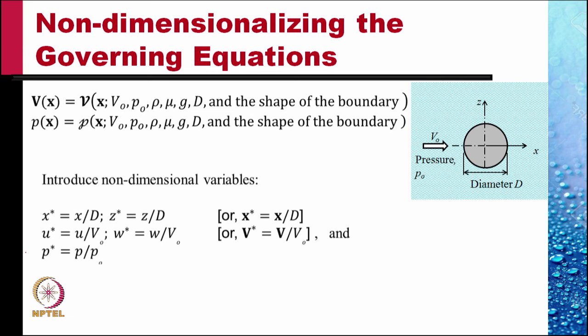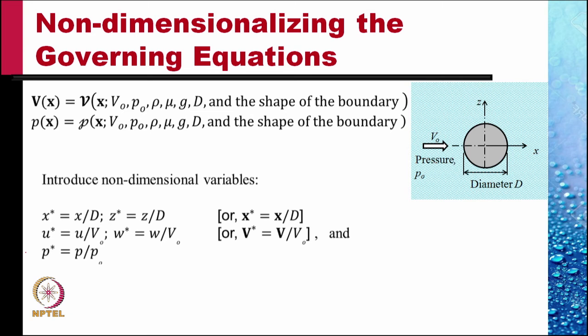This would be a natural measurement of length in this problem. So we defined the location variable x star as the physical variable x in any units divided by the diameter in those units. X in meters, diameter in meters; x in inches, diameter in inches.